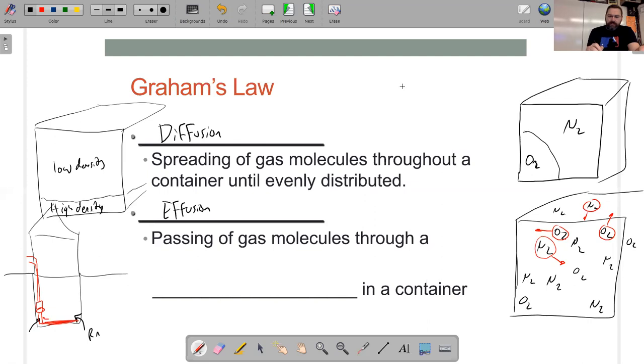One of them could be a surface with a hole. The hole in the container could be pores, so it could be a membrane that has small holes in it, and those holes can allow gas to travel through. So you could have a particle of gas traveling and able to get through the holes of the pore in the wall.